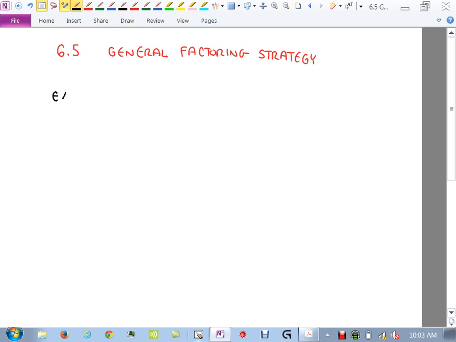First example in this general factoring strategy. We're going to try and factor 3x to the 4th minus 12x cubed plus 12x squared. Now the problems that you're seeing right now, just so you know, are exam type problems, all right?